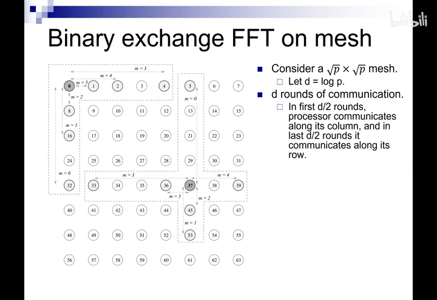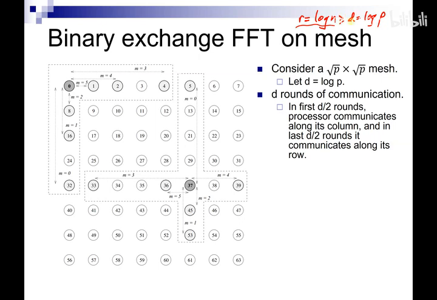You could have n larger than p. In that case, the total number of stages that you run is going to be, let's see, if you define r equals log of n, then in total you're going to run r stages of computation. But you're only going to have d equals log p stages of communication, because r is in general larger or equal to that.